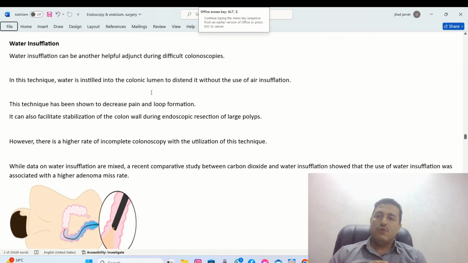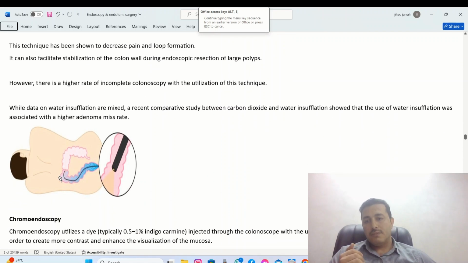Instead of using air insufflation, we use water to distend the bowel. It has many advantages that are proven. You can see here we fill the colon with water and we navigate. Among the advantages are less pain, less looping of the scope, and more stabilization of the colonic wall.